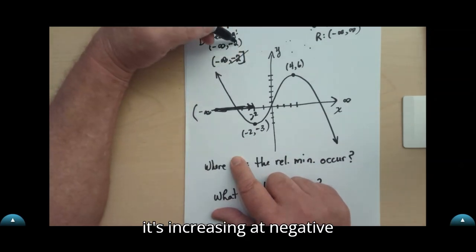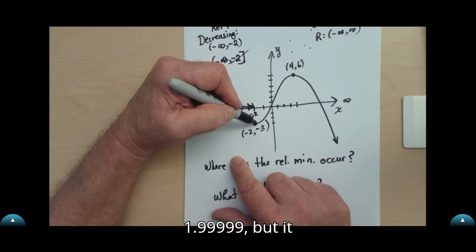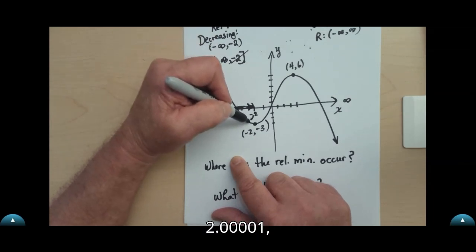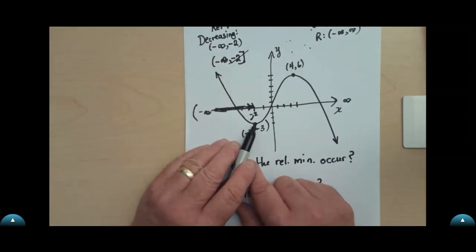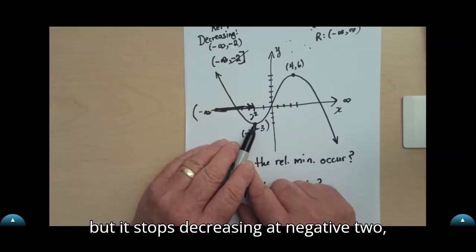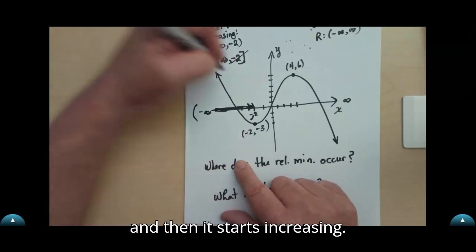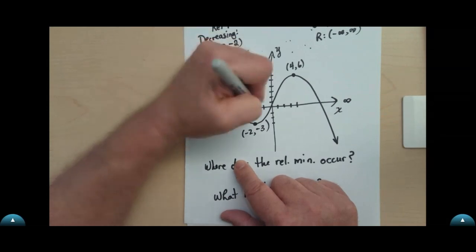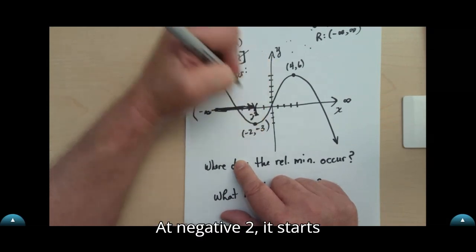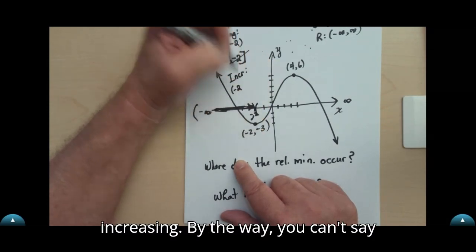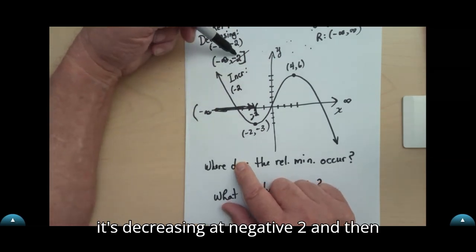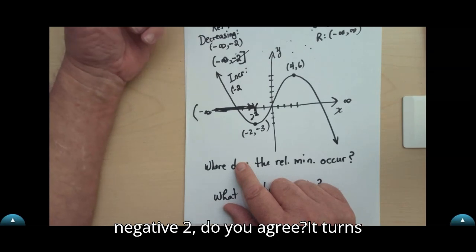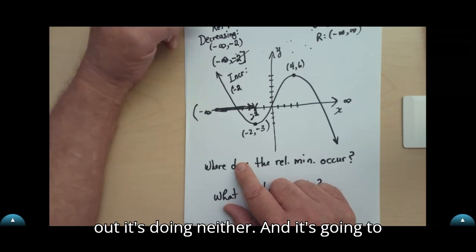It's decreasing at -1.99999, but it stops decreasing at -2, and then it starts increasing. By the way, you can't say it's decreasing at -2 and then turn around and say it's increasing at -2. Do you agree? It turns out it's doing neither.